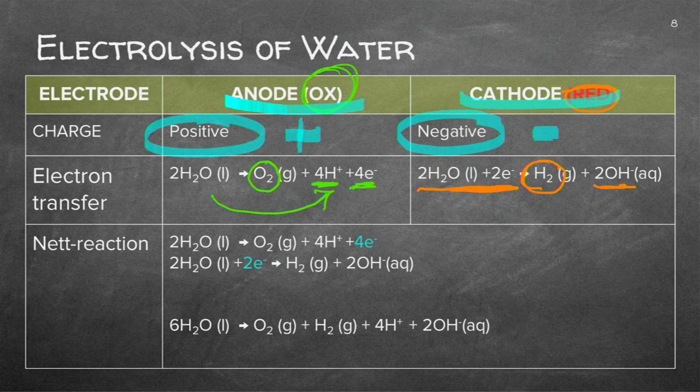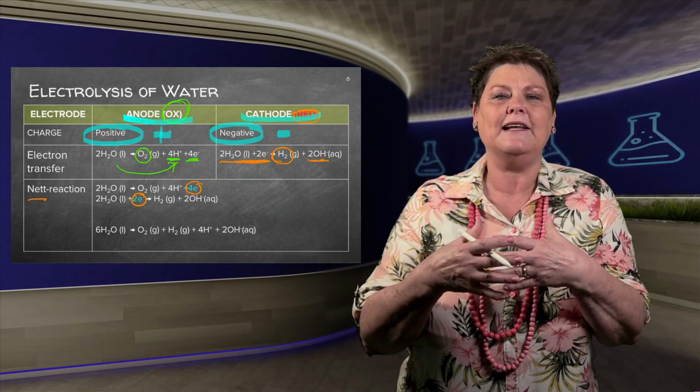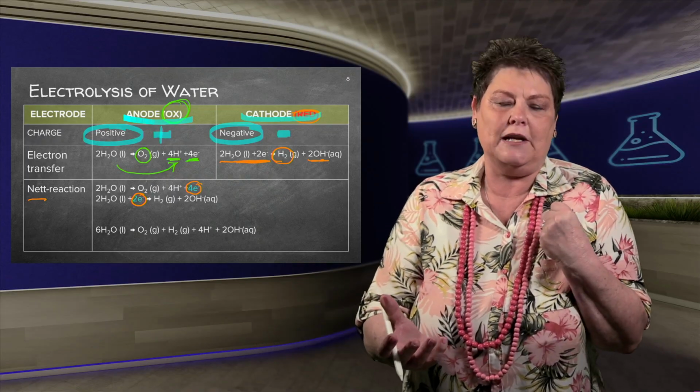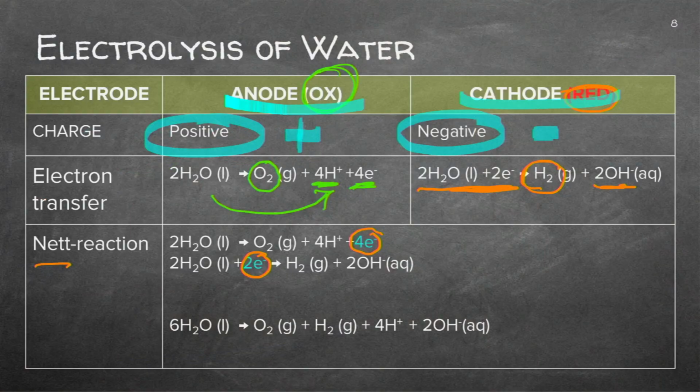I need to give the net reaction. So we know now that we've got 4 electrons there and 2 electrons there. So it needs to be balanced. You cannot give away 4 electrons but only accept 2 electrons. So I'm going to balance it so that I've got 4 everywhere.